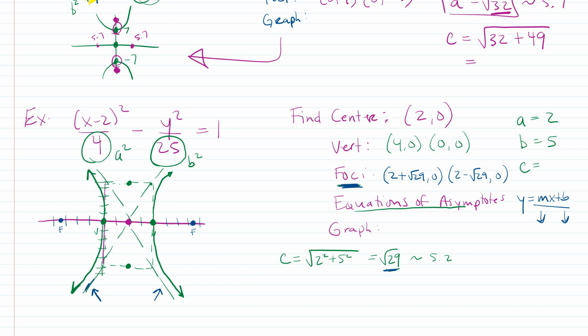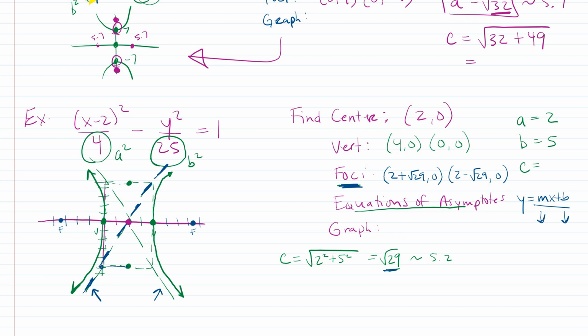So let me go ahead and make this line blue. Let's first find the equation of this blue asymptote here. So its y-intercept was along this line here. That was the coordinate 1, 2, 3, 4, 5.